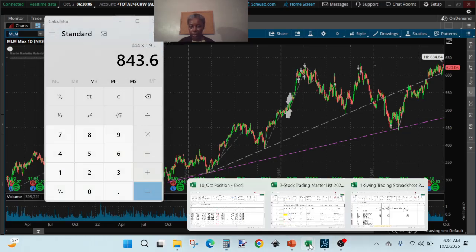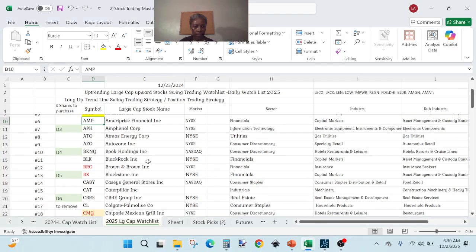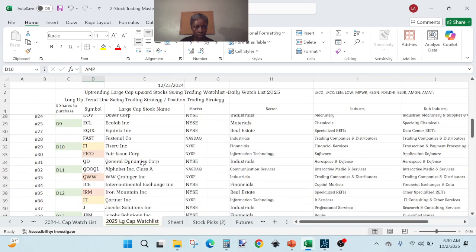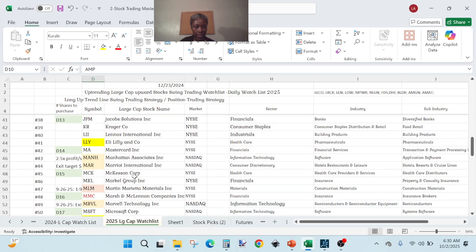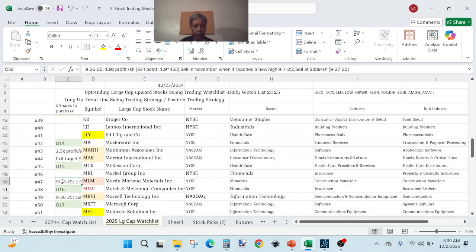Then we can come back down to our watch list to look for it and set it. We put 839 here. I don't know if I have 6 months here.